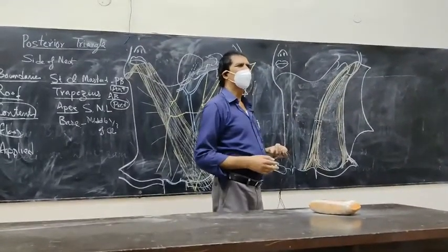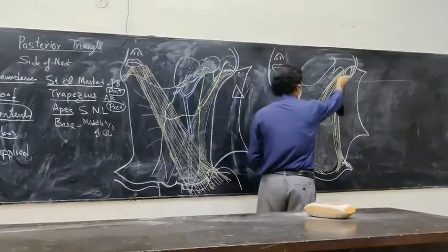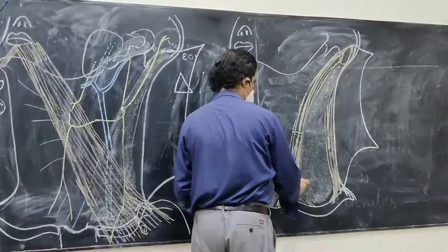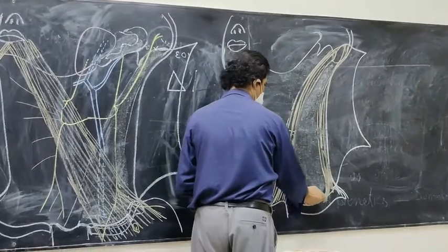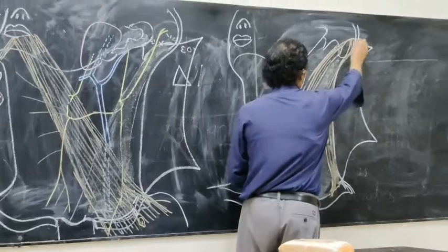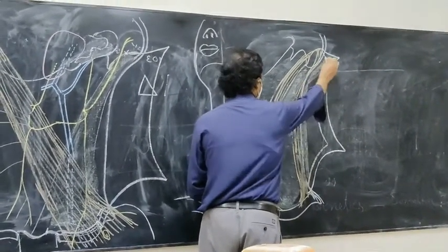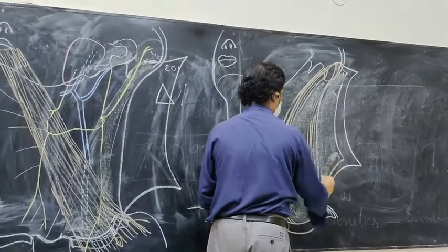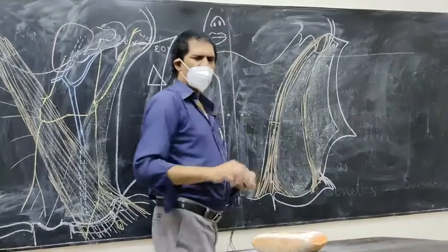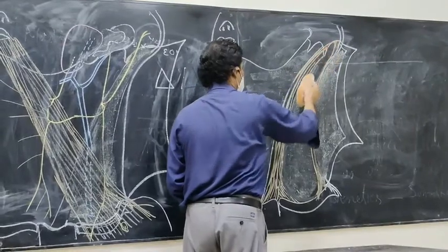Now the deep fascia: if you want to see the contents, we will cut the deep fascia along the posterior border of the sternocleidomastoid and along the clavicle, and we retract it. Now we remove the deep fascia, and the contents are visible.